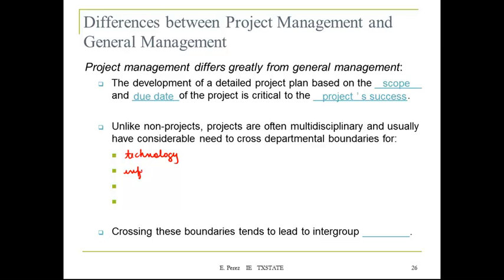Information. For example, right now I'm working on a project for this hospital, and there's a group of people who is willing to provide us with some data, but there's another group of people who are stopping the delivery of that information because they think that it's going to affect them somehow.